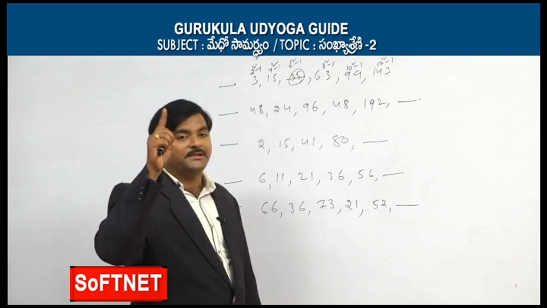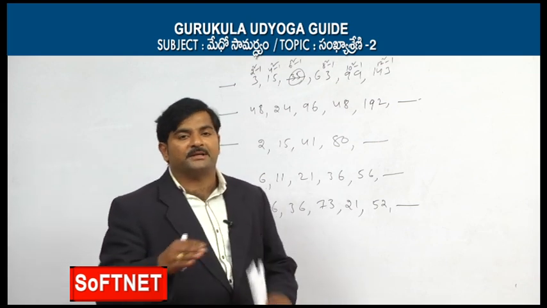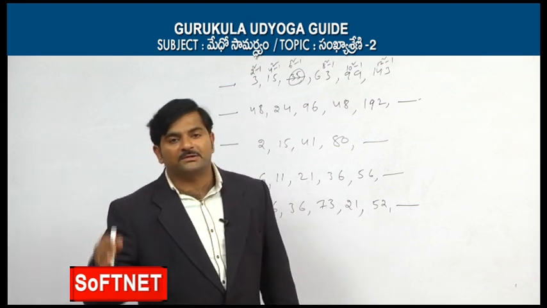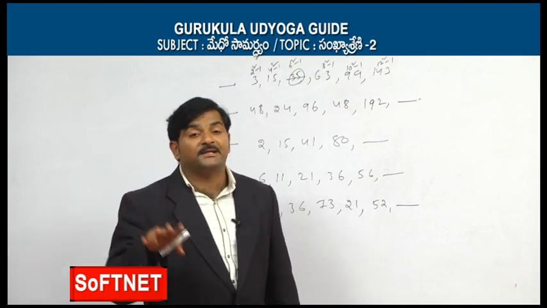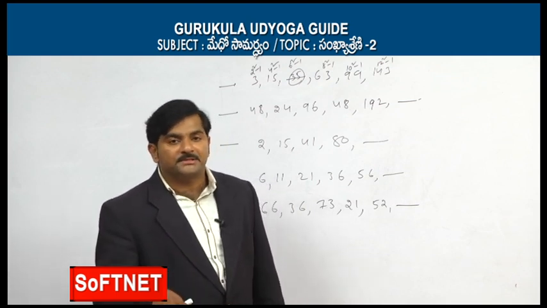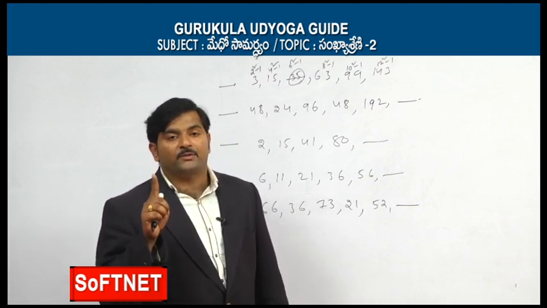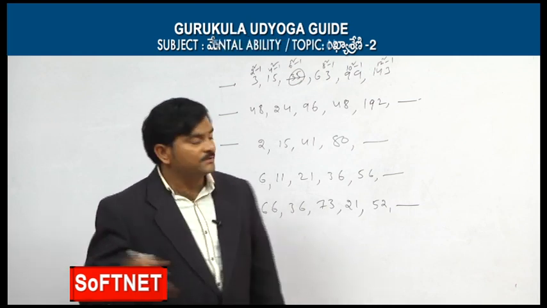One number is increased, another number is decreased. First number increased, second number decreased, third number increased, fourth number decreased, fifth number increased, and so on. If any series is there in this model, then simply what we will do, 2 things. Primarily, you must think there is a concept of alternate series or not. Now we will check it out.